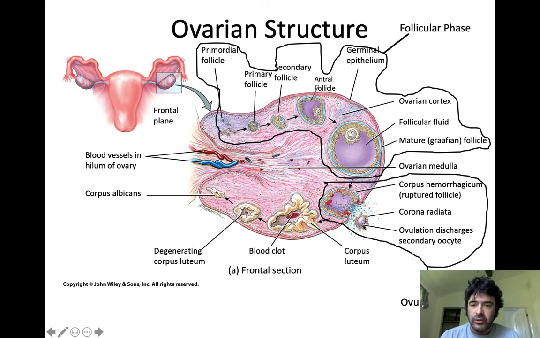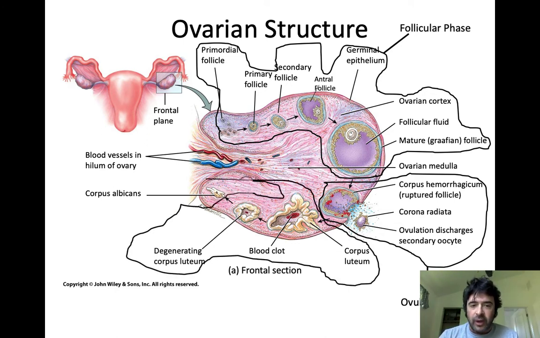After ovulation, the cells of the corpus hemorrhagiosum fuse together and they form another thing called the corpus luteum. The corpus luteum, or the yellow body, is responsible for producing progesterone, and that corpus luteum will stick around for a little while and it'll keep cranking out progesterone, which we're going to talk about in more detail in a little bit.